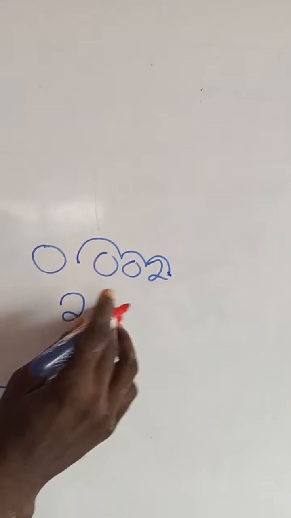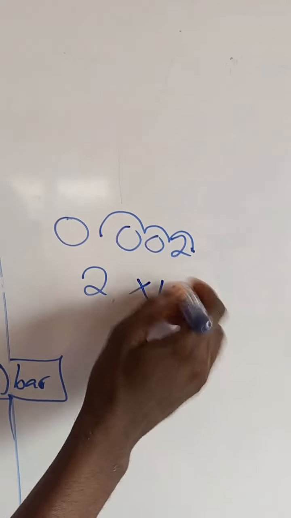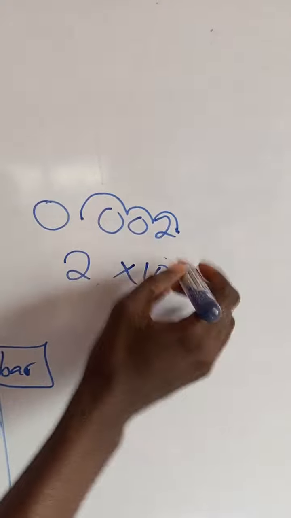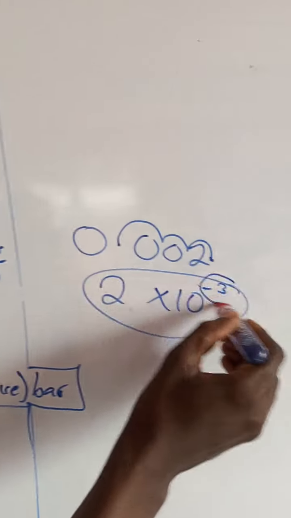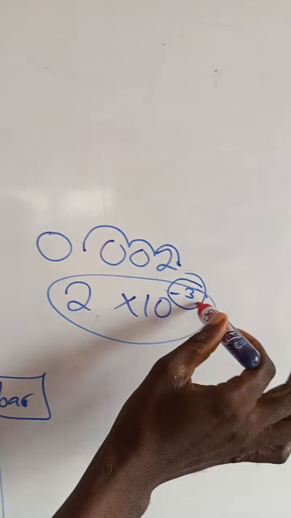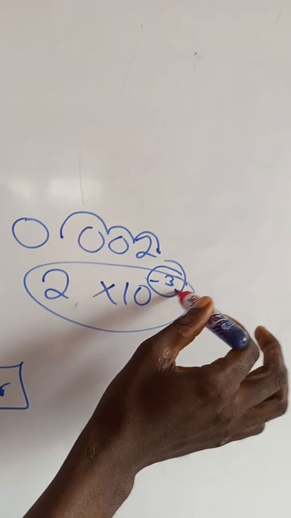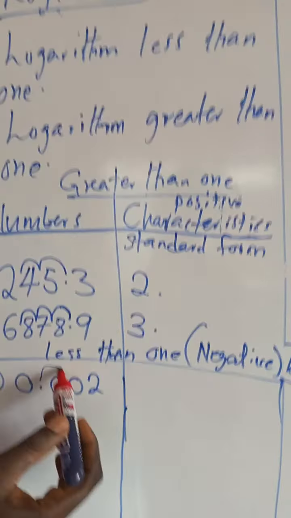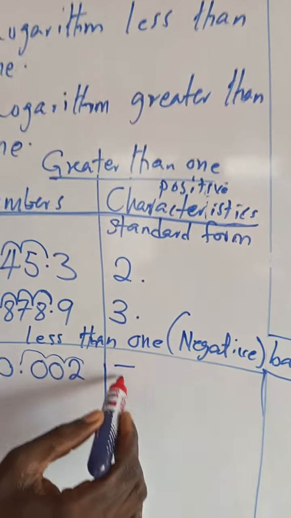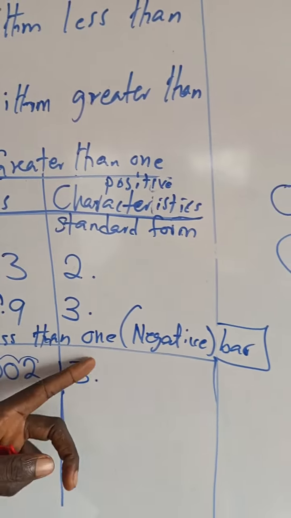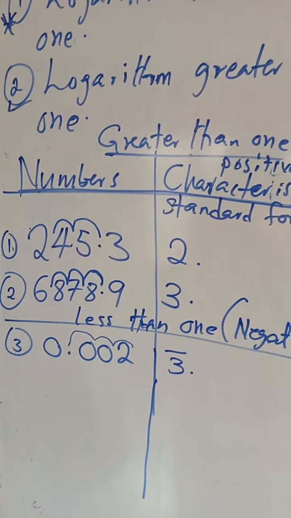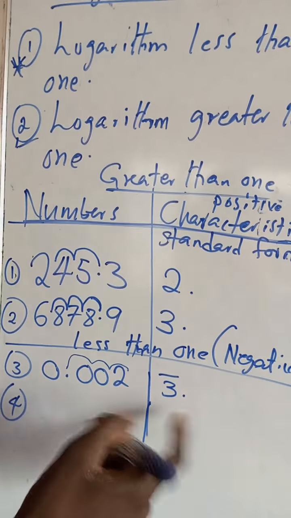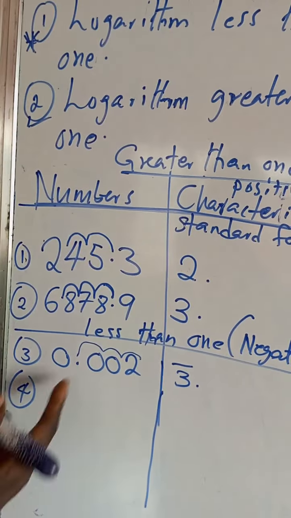So here, putting it in standard form is what we are after. We are actually after the power of that index. So we write it as bar 3. Bar 3 means negative 3, before we look for the logarithm. That's the characteristic of this number.